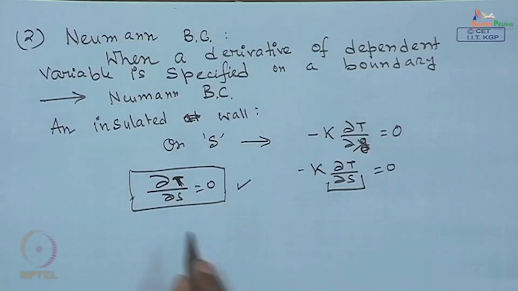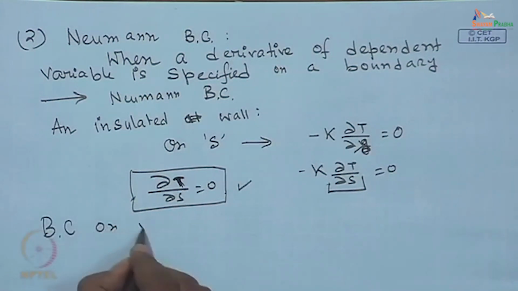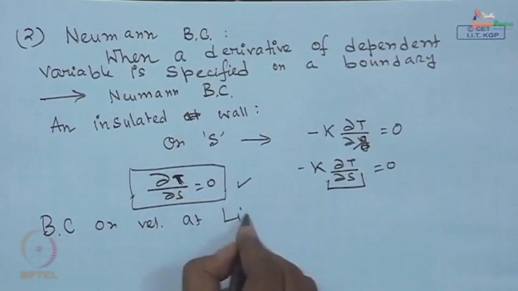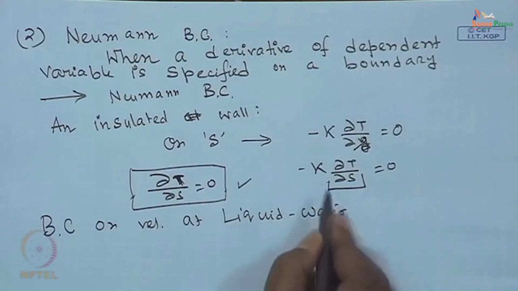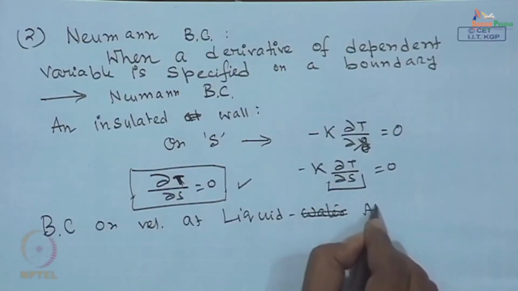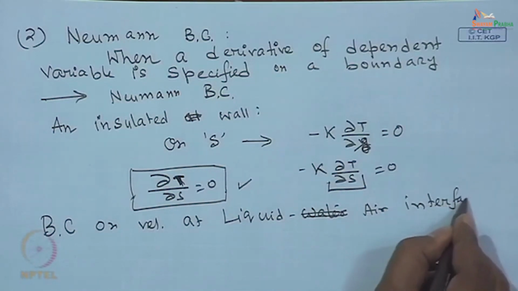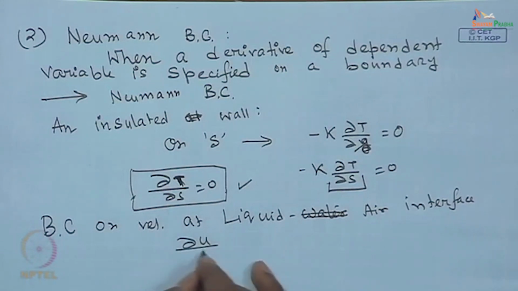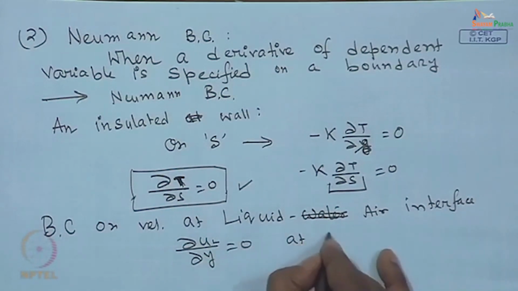Another example is the boundary condition on velocity at a liquid-air interface, let us say air-water interface. In that case, we write del u in the liquid, del y is equal to 0 at the interface.